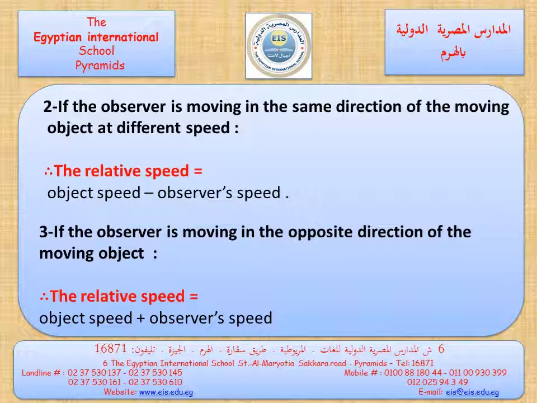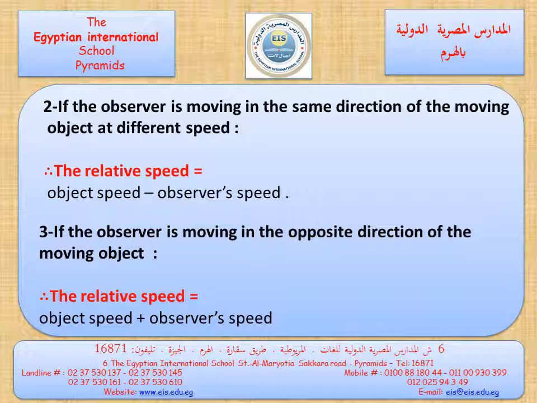Now, pay attention please. In state number 2, the two objects move in the same direction but with different speed. So if they move in the same direction, we make the object's speed minus the observer's speed.